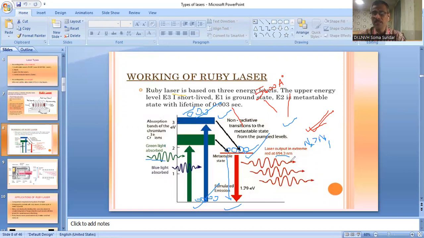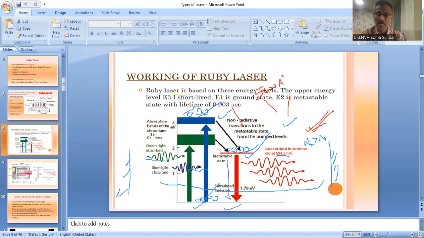A pulse of light is reflected back from the partially reflecting surface because of the resonator cavity in the construction we have seen there. It will move back and once again be reflected at the fully reflecting mirror, and once again it will move forward and excite an atom in the metastable state.